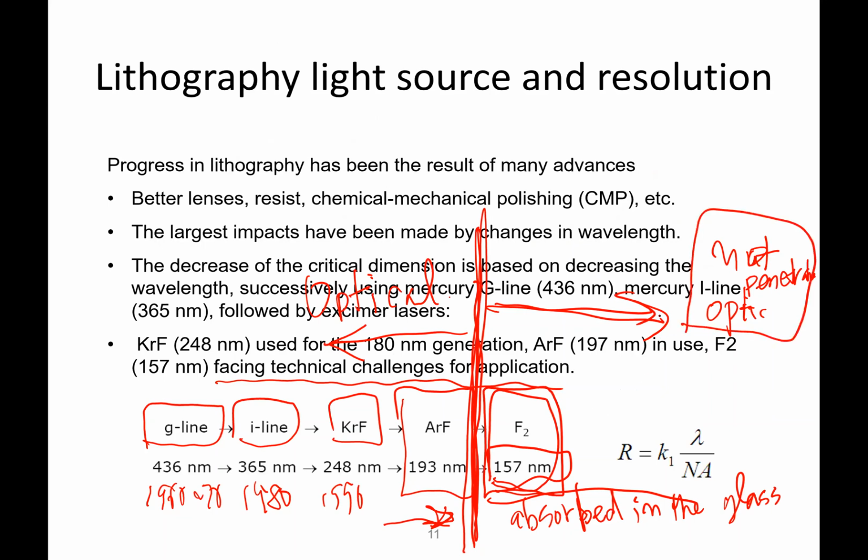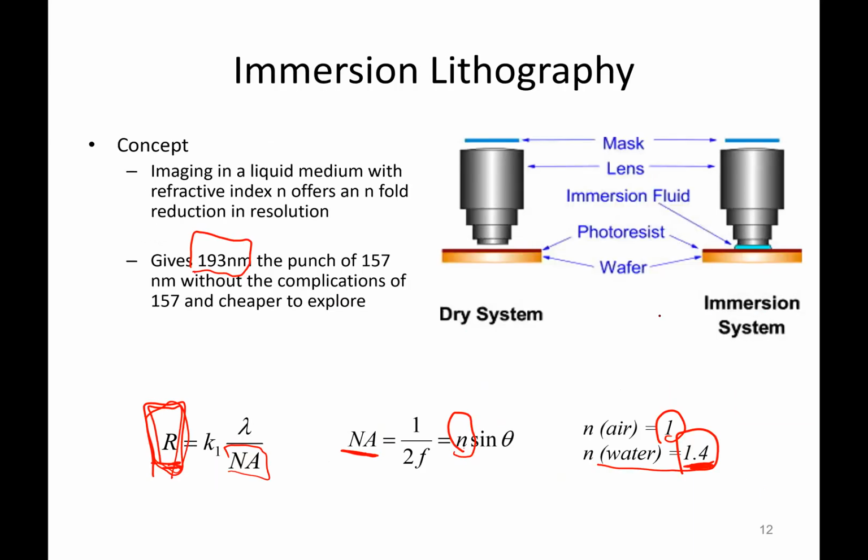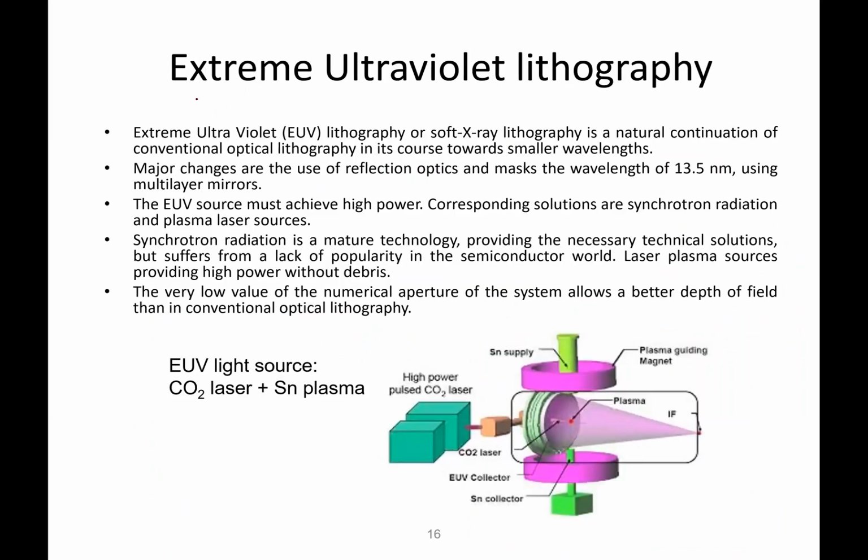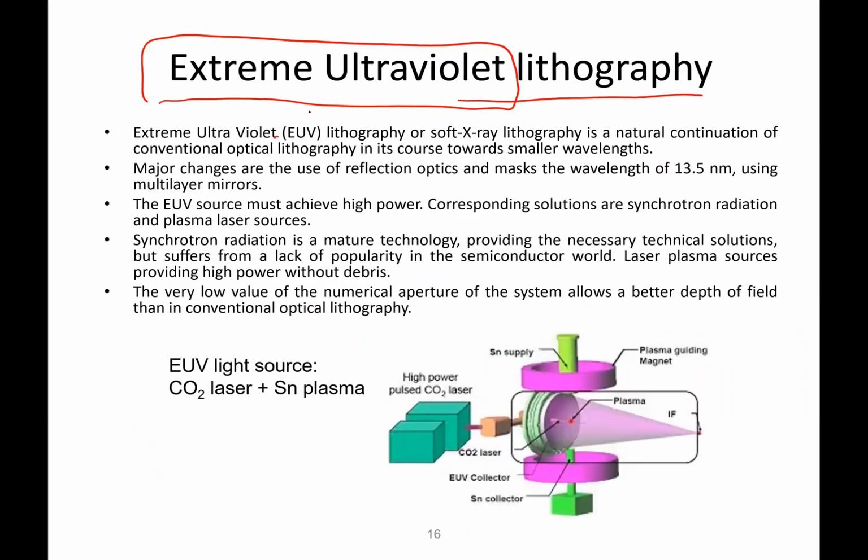Now the new technology that has been developed is called extreme UV light lithography, the EUV lithography. Intel and Samsung use this technology for the front-end devices. Have you heard about the 5 nanometer or 7 nanometer transistors?